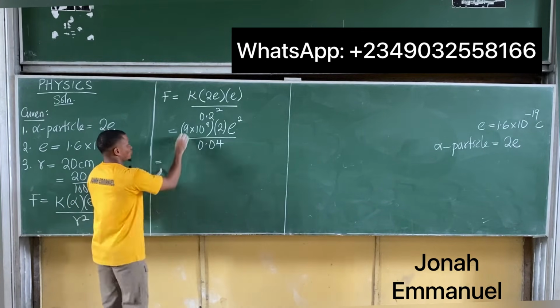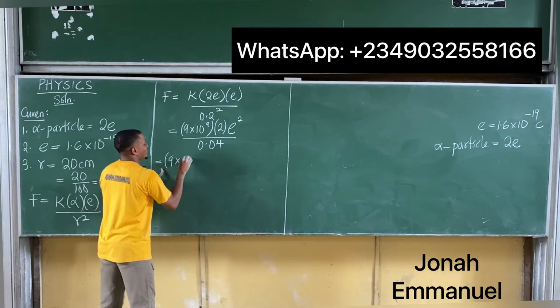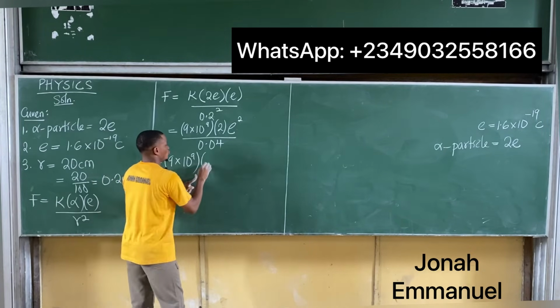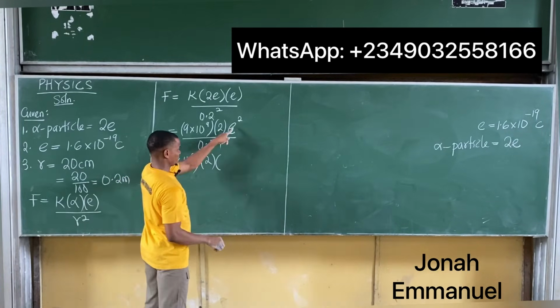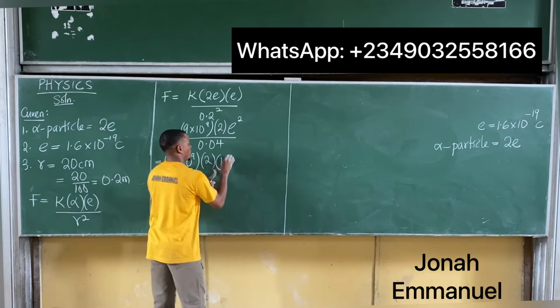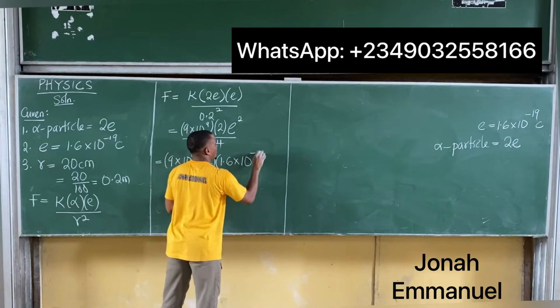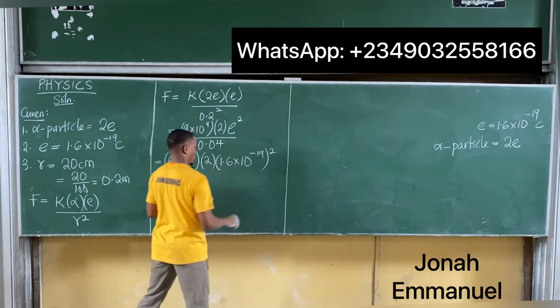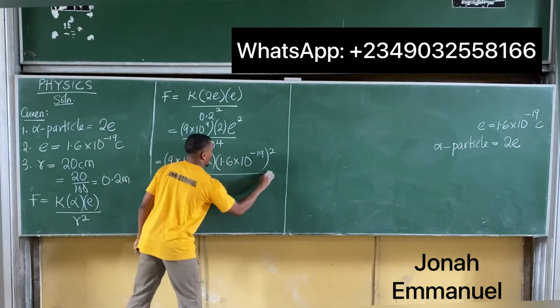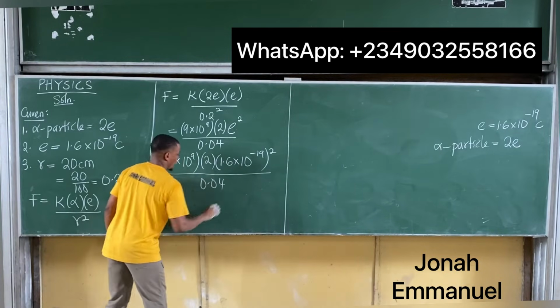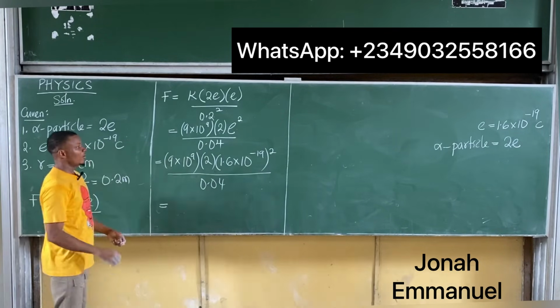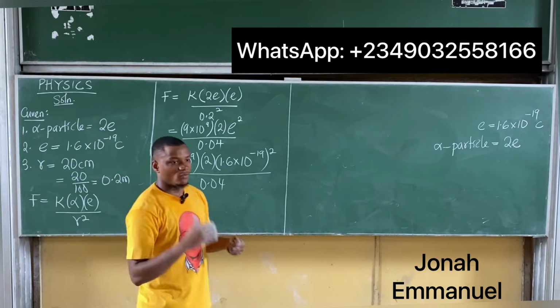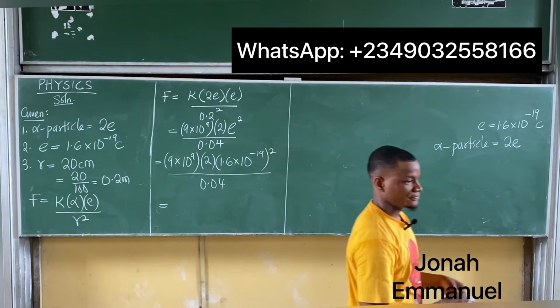So that's equal to 9 times 10 to the power 9 into 2 into 1.6 times 10 to the power minus 19 squared, all over 0.04. Please look at the numerator, punch it correctly. What have you got?